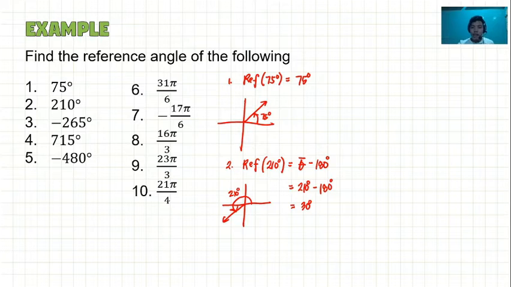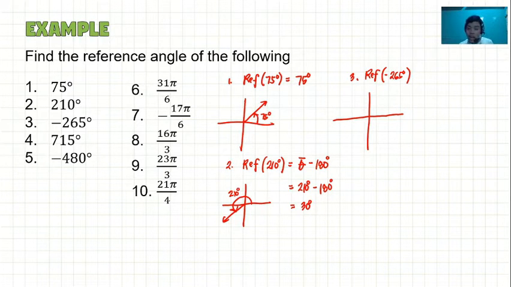Okay? For number 3, we need to find the reference angle of negative 265 degrees. Okay, so we need to locate negative 265 degrees. Since this is a negative angle, our rotation is clockwise, right?